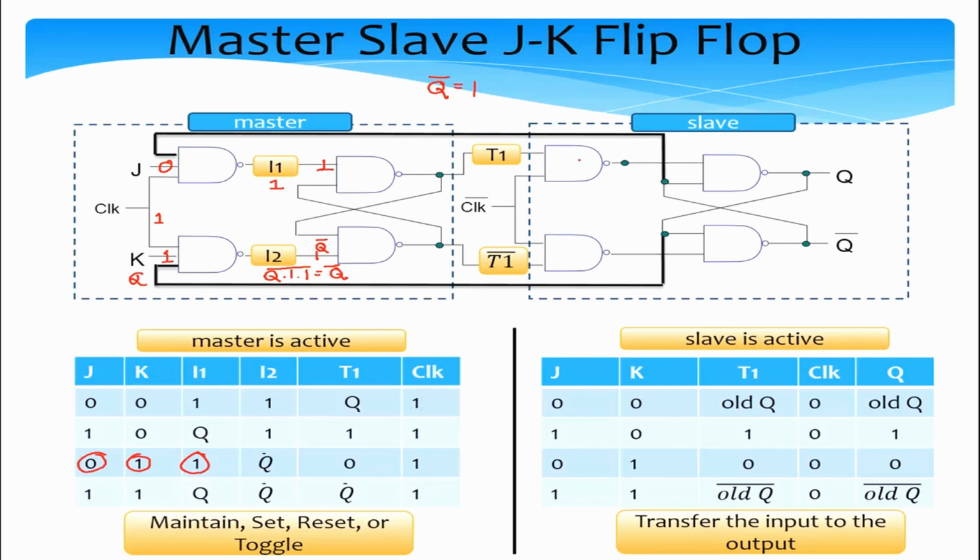So what is the old value of T1? It is the value of Q. So since Q bar is equal to 1, Q is equal to 0. So in this case, when Q bar is equal to 1, T1 is equal to 0, which is the value of Q. So let us now consider the other case. Let me just erase some of the temporary values and let's consider the other case when Q bar is equal to 0.